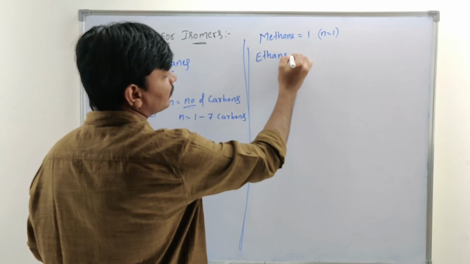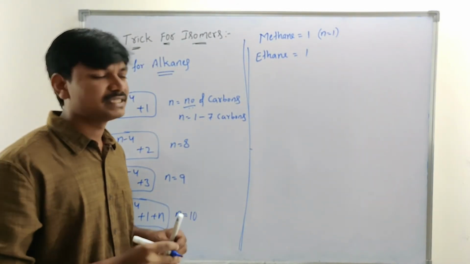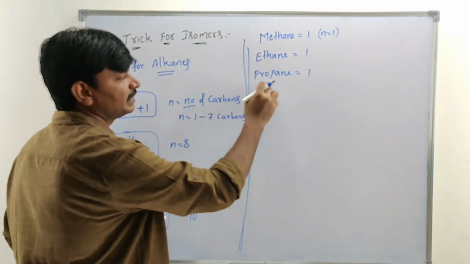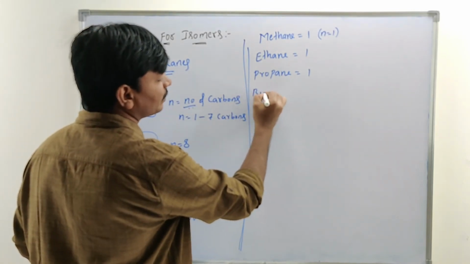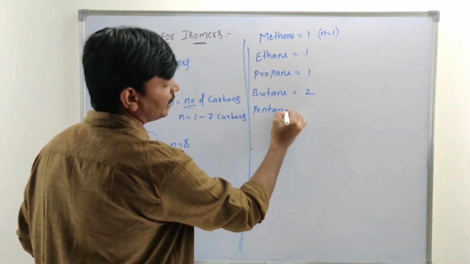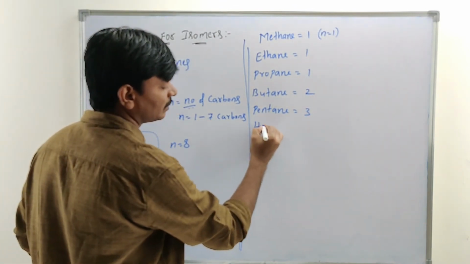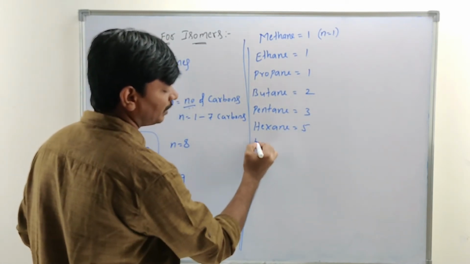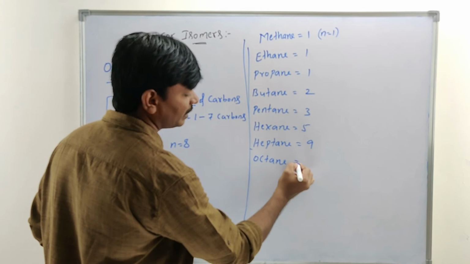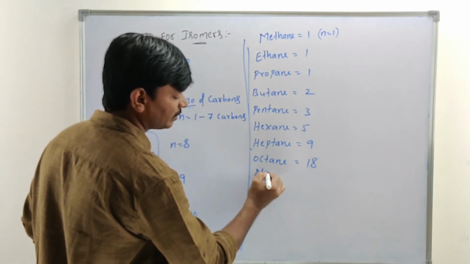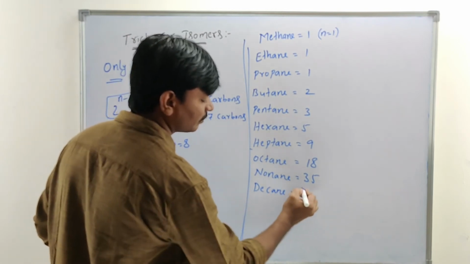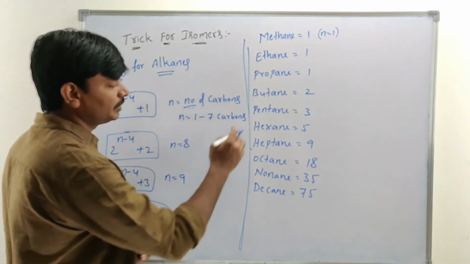Ethane has 1 isomer, with 2 carbons. Propane has 1 isomer, with 3 carbons. Butane has 2 isomers, pentane 3, hexane 5, heptane 9, octane 18, nonane 35, and decane 75. Okay, clear? Up to heptane.